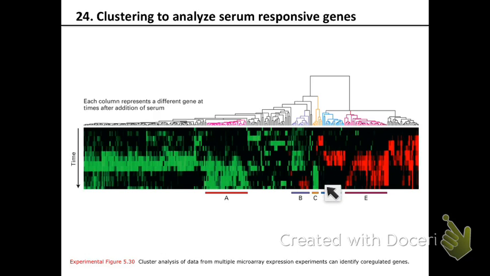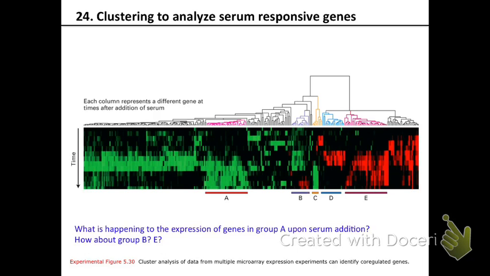And then towards the end of the treatment, their expression goes down. There's another group of genes that respond to the serum addition with some delay, but their expression seems to be pretty similar towards the end, although there's some variability. There are some genes, as soon as you add the serum, their expression starts going down, but then they recover later, right? So you can see groups of genes being regulated similarly, right?